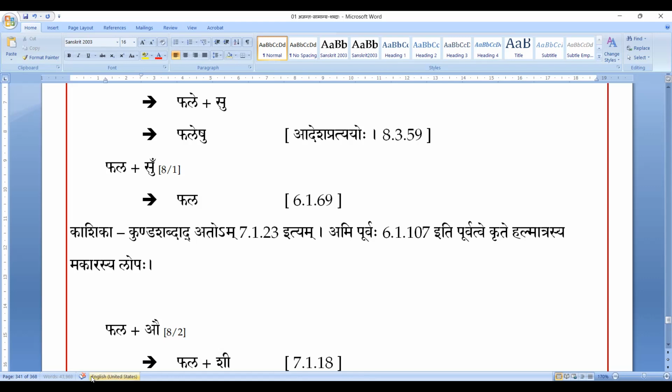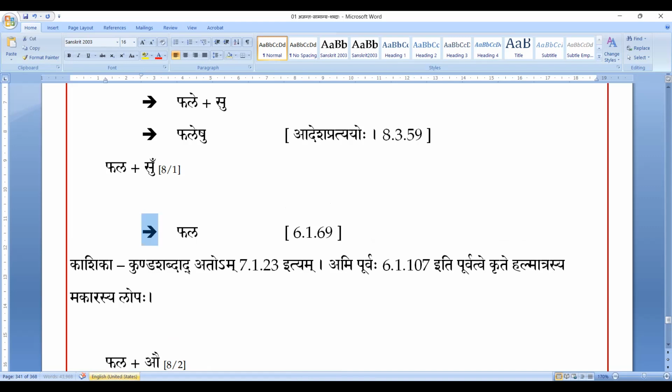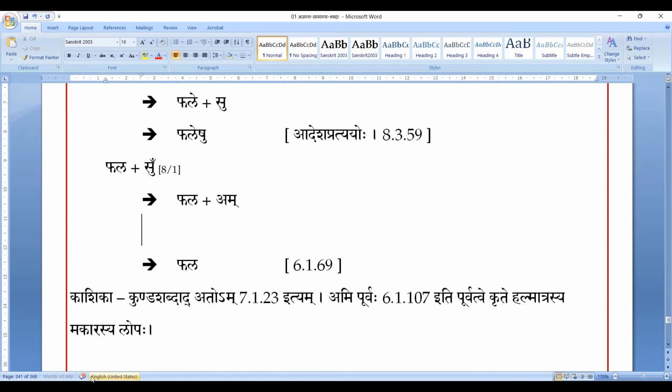Pala plus Su. Then it will become Pala plus Sumo Napam Atoham. By that it is, then Ami Purvaha becomes Palam, then Pala. Sumo Napam Saka sorry, Atoham. What is the number? 7124. Yes, correct. 7124. Then Ami Purvaha 6107.